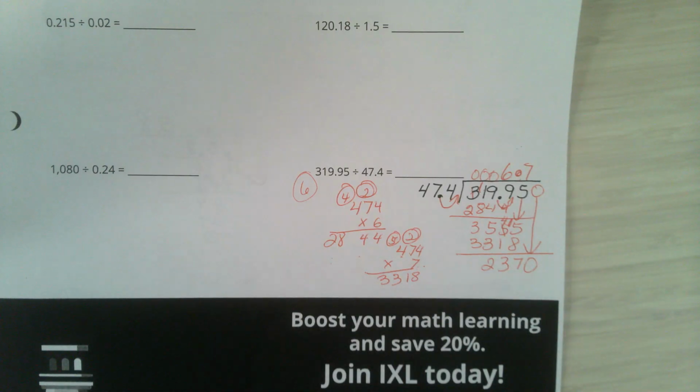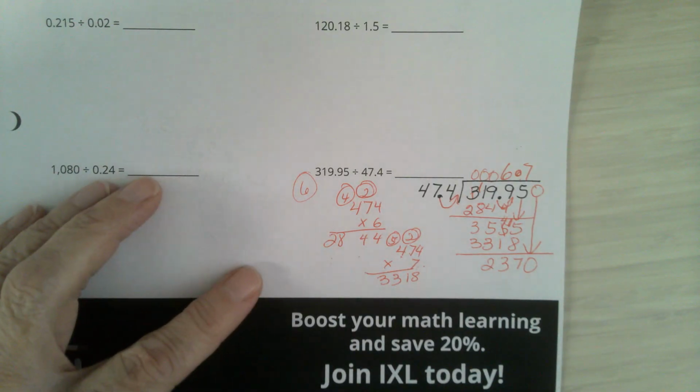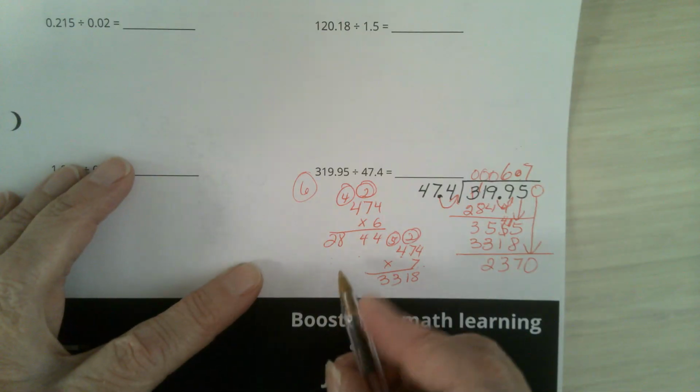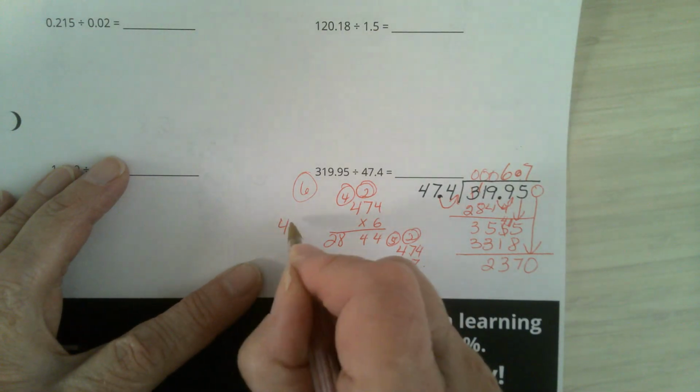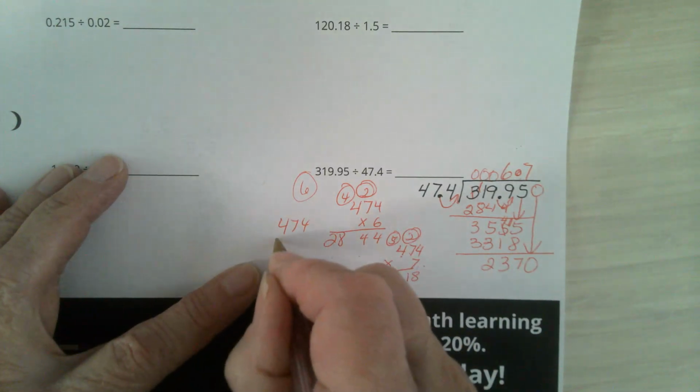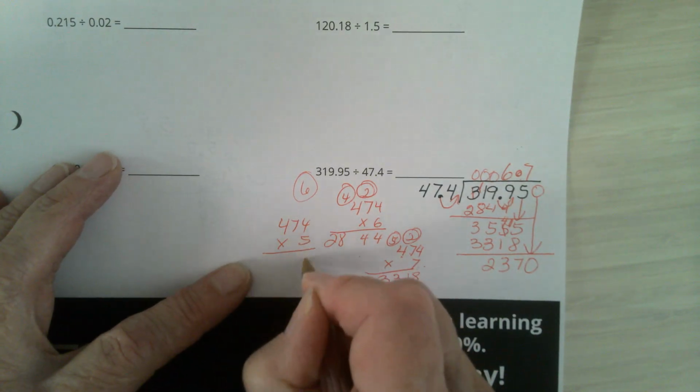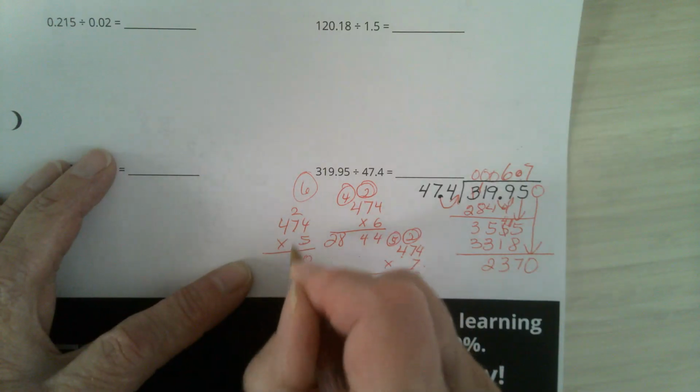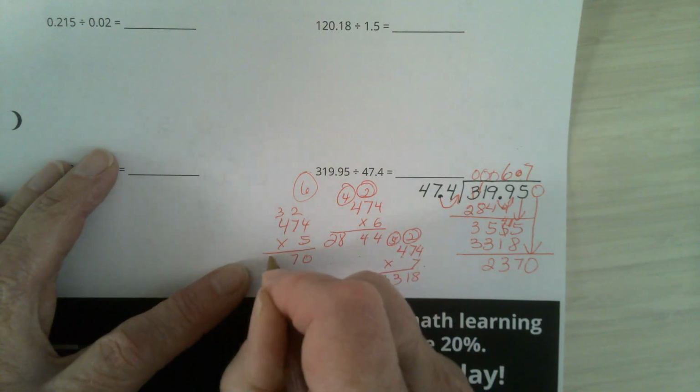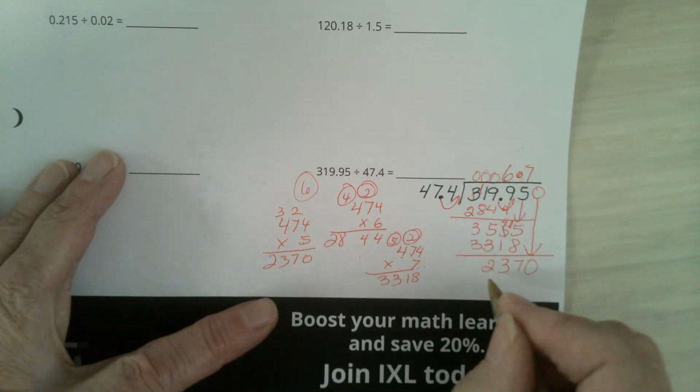It will not go into it. Let's see. 6 will be too large. Let's try 5. So, 474 times 5. Carry a 2, 37, carry a 3, and it's perfect.